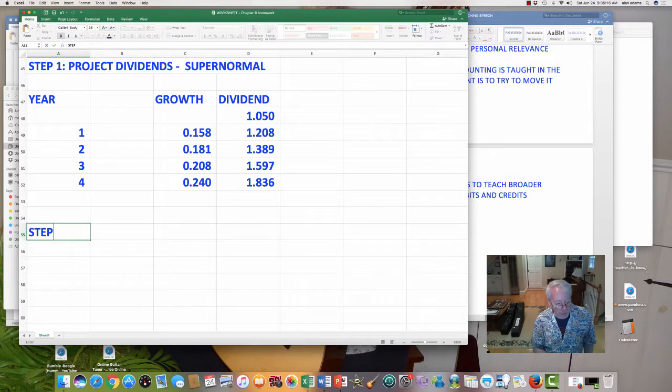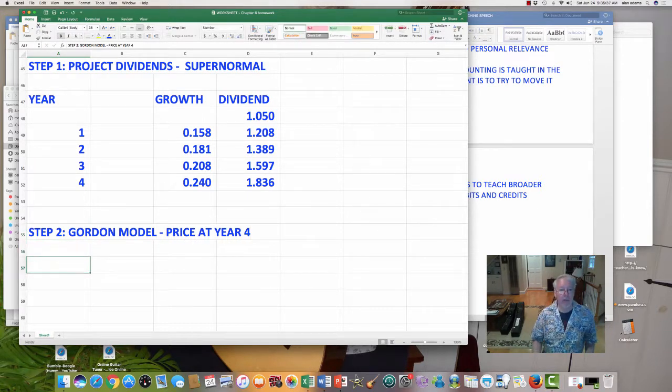Step 2 is going to involve taking the dividend at that point and using the Gordon model to find the price at year 4. Okay?